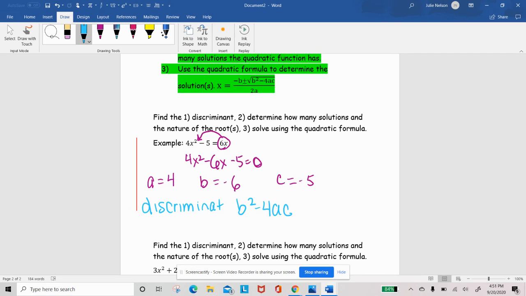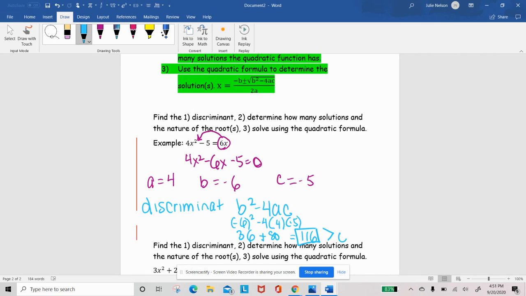Well, -6 squared minus 4 times 4 times -5. Make sure you're watching your signs: 36 plus 4 times 4 is 16, and 16 times 5 is 80. 36 plus 80 is 116.